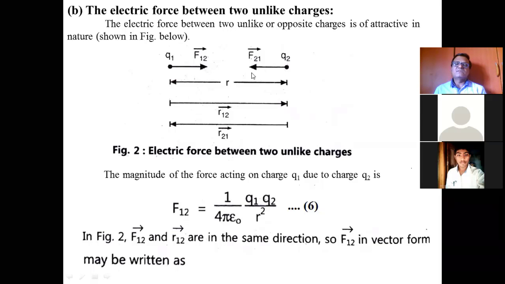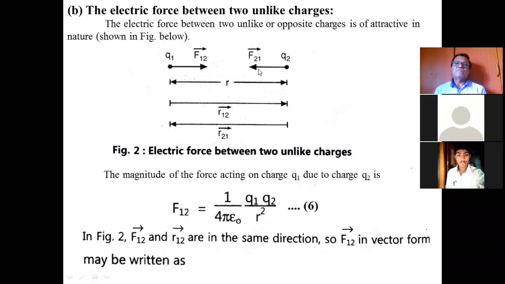These two forces face towards each other because they are equal and opposite. Distance between q1 and q2 is r. Then displacement measured from q1 to q2 is r12 bar, and displacement measured from q2 to q1 is r21 bar. In this case, try to understand: the direction of f12 bar and the direction of r12 bar is the same.